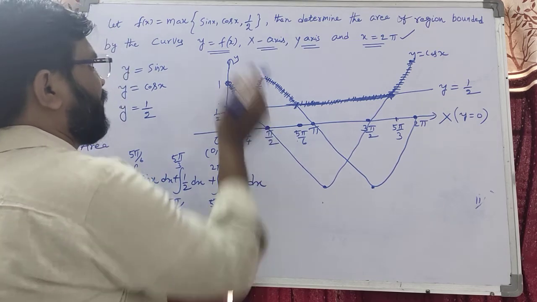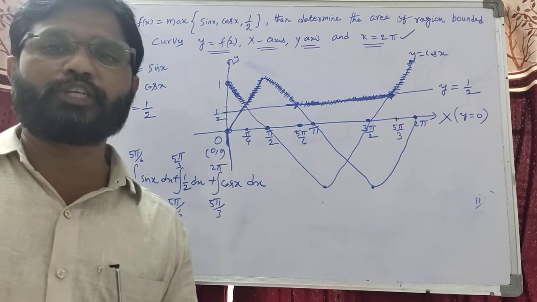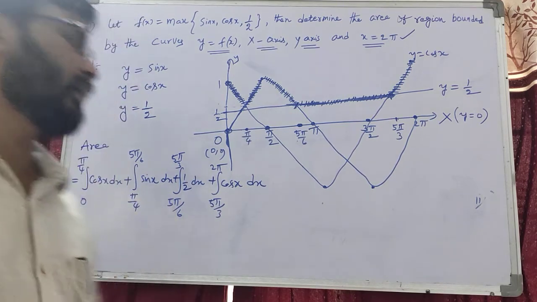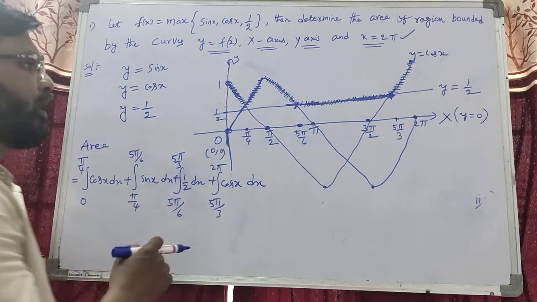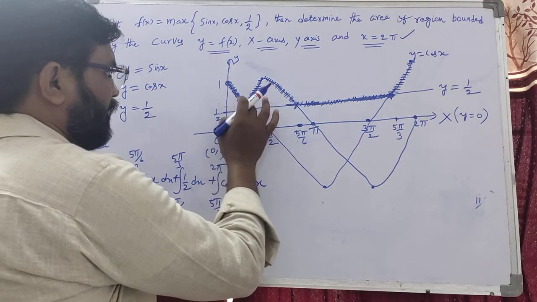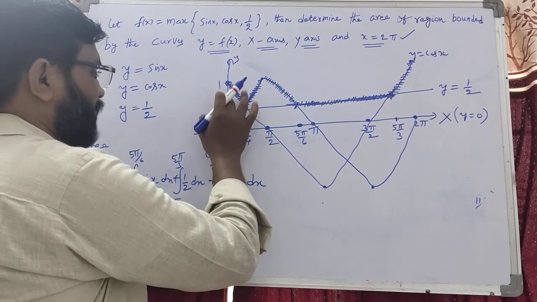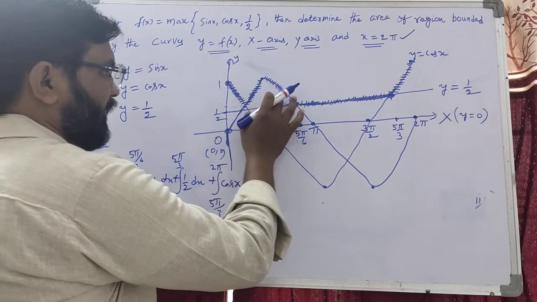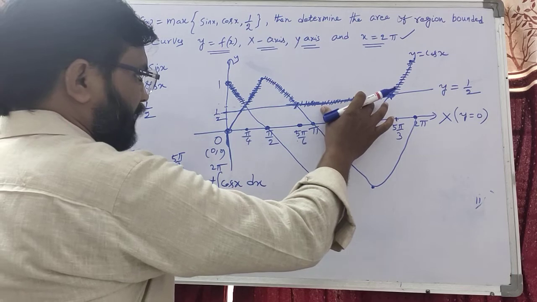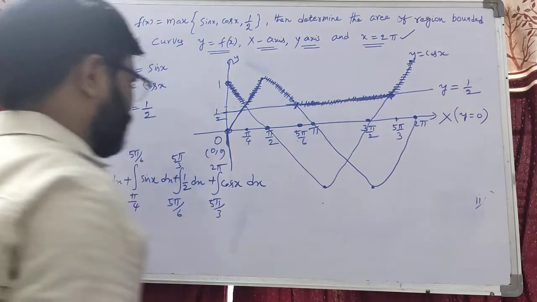The least function is sin x. First you understand what the question is asking. The above curve is always the maximum. In this region sin x is maximum. In this region, sorry, cos x is maximum. In this region sin x is maximum. In this region all curves are below 1/2. In this region the cos x is.